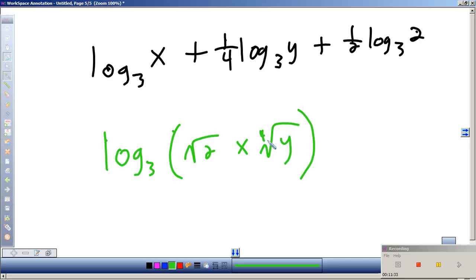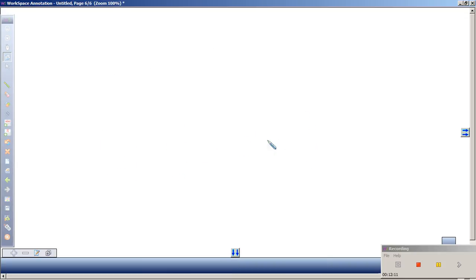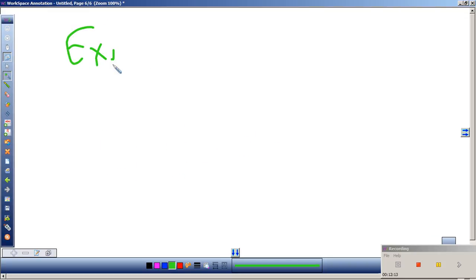The next thing we're going to do is expand, the opposite of condensing. I prefer expand problems.